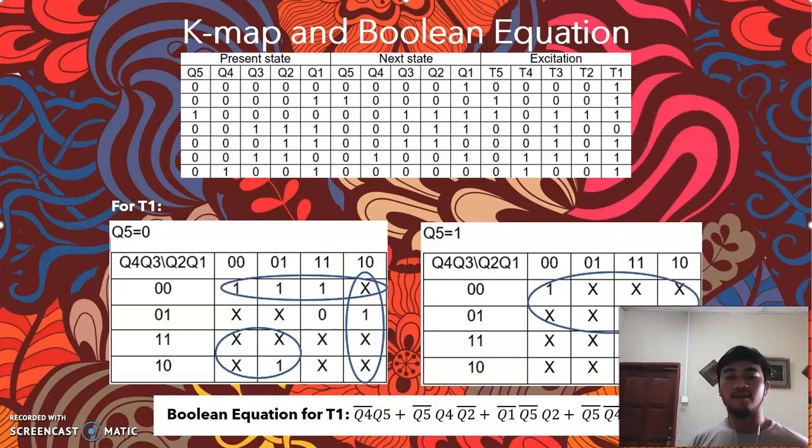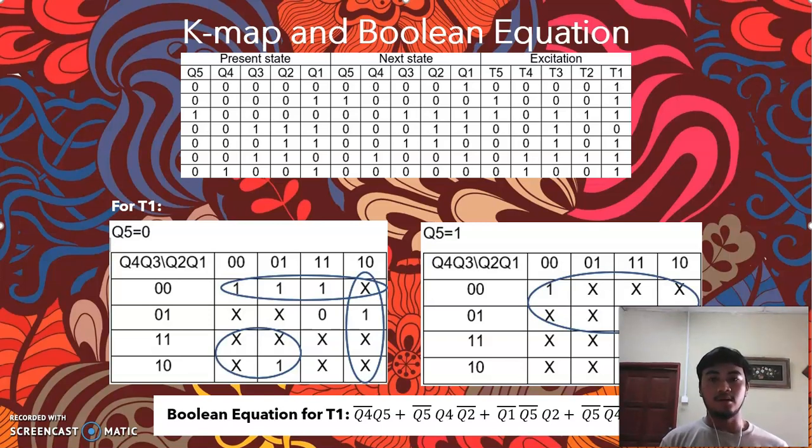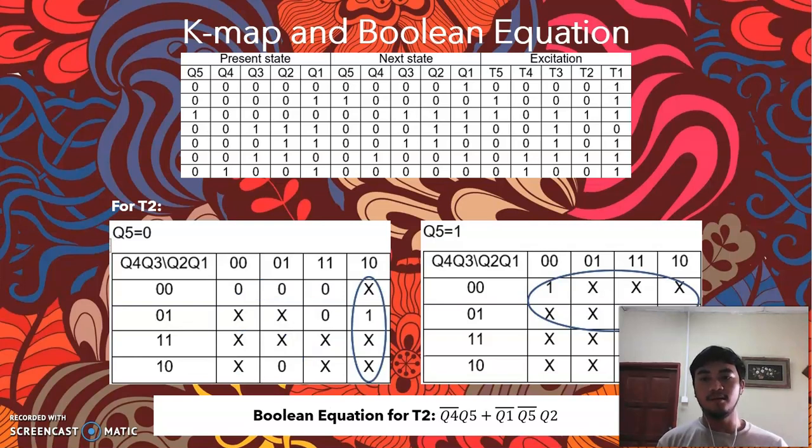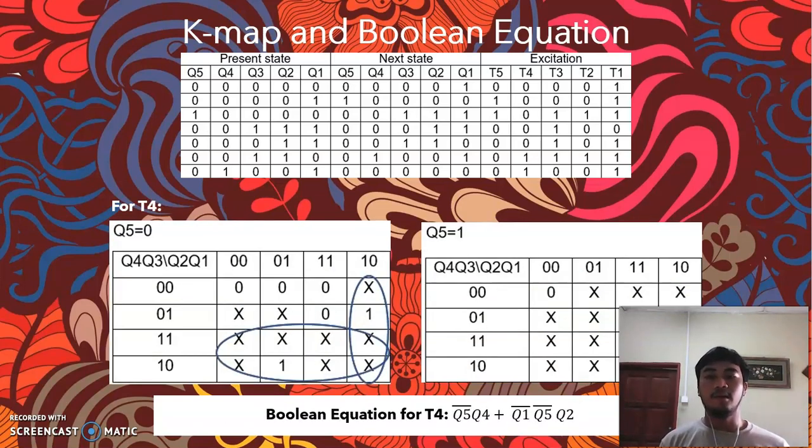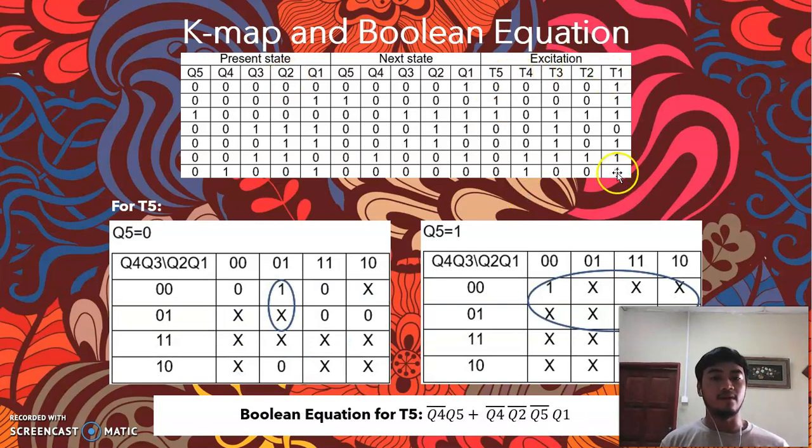Basically we divide the K-map into 2 because we use a 5-bit binary number. And I will go through fast because K-map is just basic digital logic. So that's for T1. Here are T2, T3, T4, and T5 because we have 5 outputs.